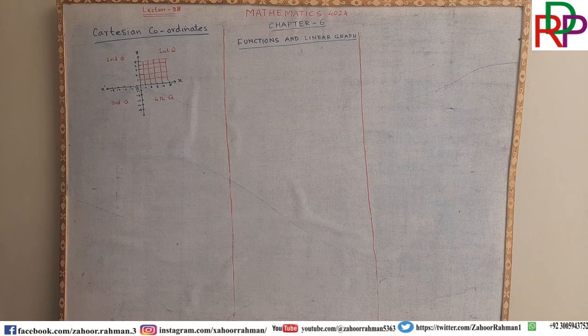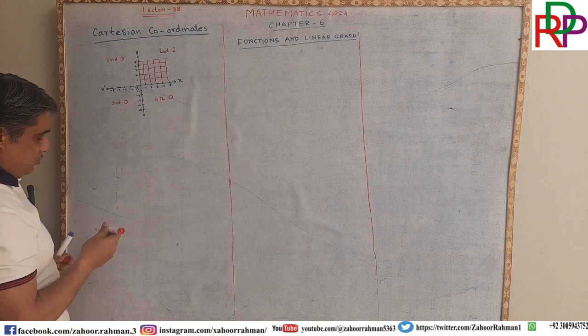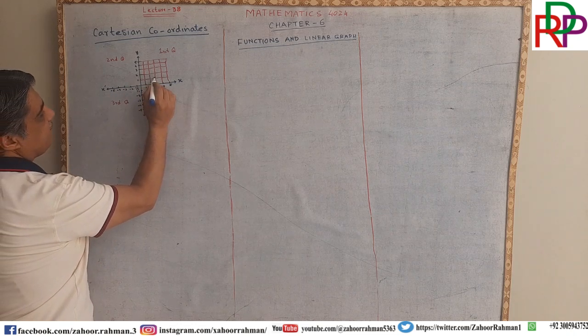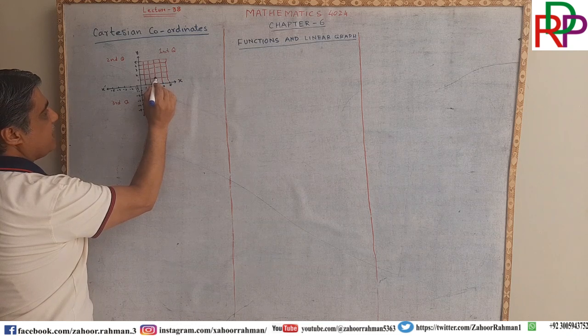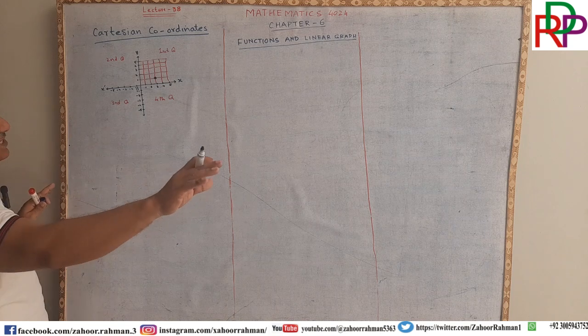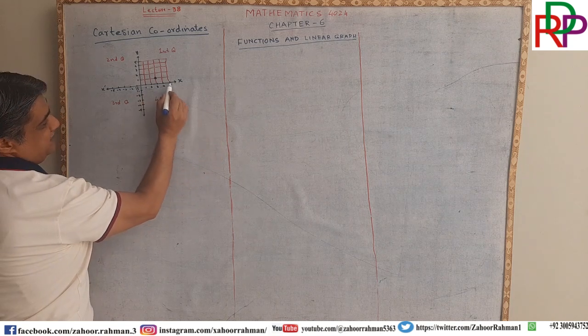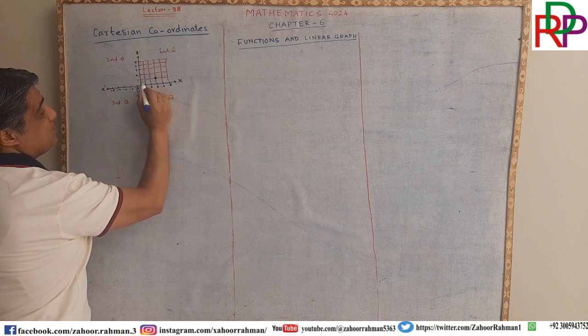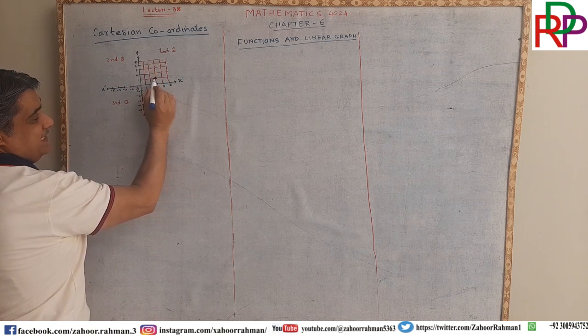Ladies and gentlemen, before going into further detail, if you want to specify a point, for example this point, then the rule is that you have to go towards the right first, not top. To reach this, you cannot go diagonally.